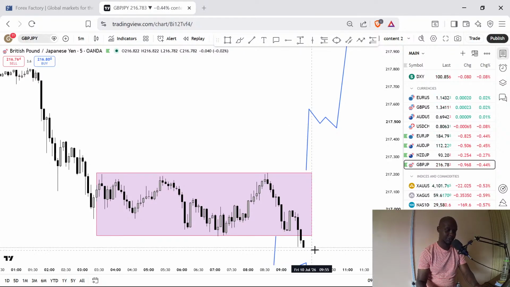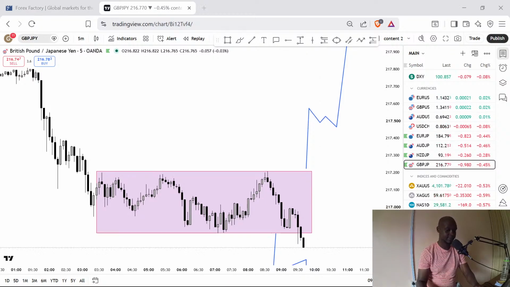If you're going to get two consecutive strong bearish candles, that is strange.